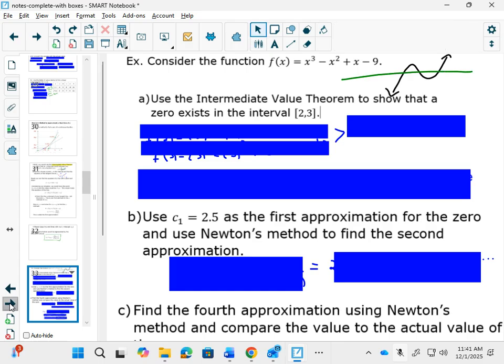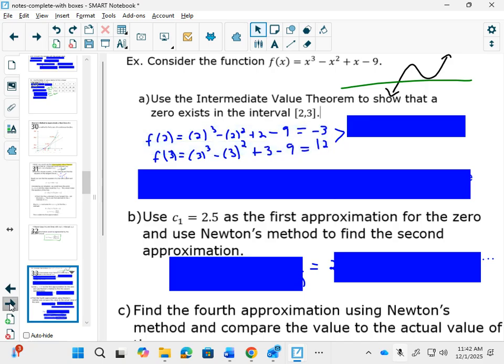Maybe my x-axis is down here and I only have 1. Maybe I have perfectly 2. I don't know. I know it has at least 1. So it says, use the intermediate value theorem to show that the zero exists in the interval from 2 to 3. So I figure out f(2). I figure out f(3). Zero is in between.